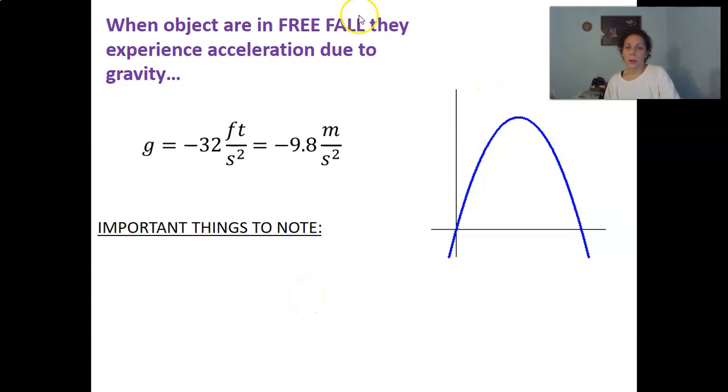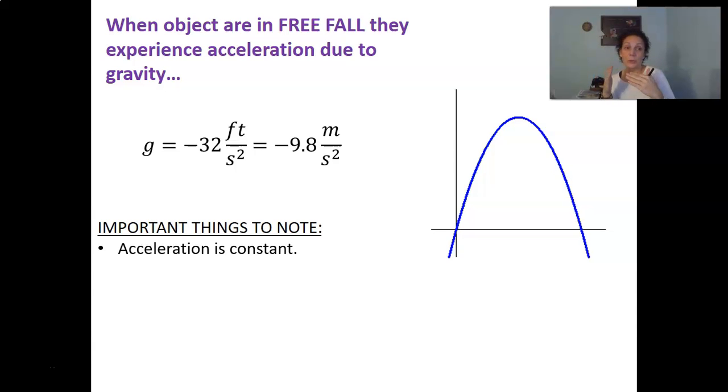All right, so a couple really important things to know. When an object is in free fall, the only thing acting on it is gravity, and gravity is the acceleration due to gravity. So if something is in free fall, the acceleration is always constant. If they're asking you for the acceleration, you better be reporting a number.